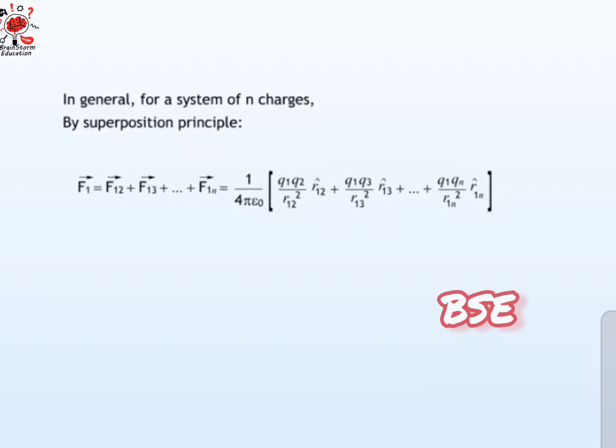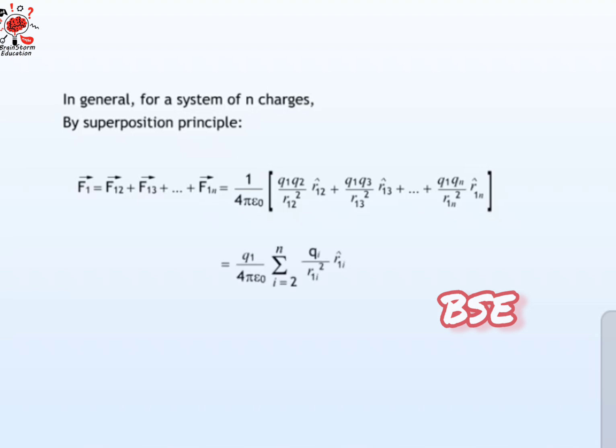This is equal to 1 by 4 pi epsilon naught taken common, and within brackets we have Q1 Q2 divided by R12 squared into R12 cap plus Q1 Q3 divided by R13 squared into R13 cap and so on till Q1 Qn divided by R1n squared into R1n cap.